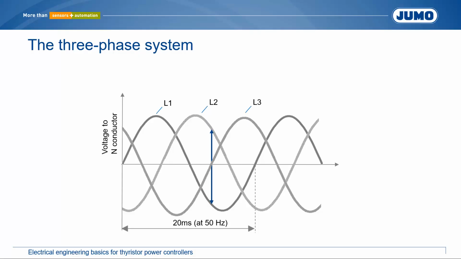In a system with a phase to neutral voltage of 230 volt AC, the phase to phase voltage is approximately 400 volt AC. At this point, the notation for a three-phase low voltage network with a phase-to-neutral voltage of 230 volt AC and a phase-to-phase voltage of 400 volt AC is shown.